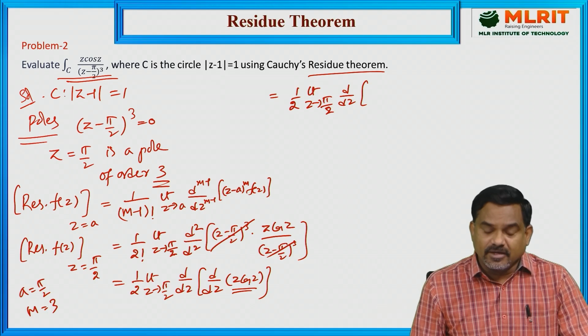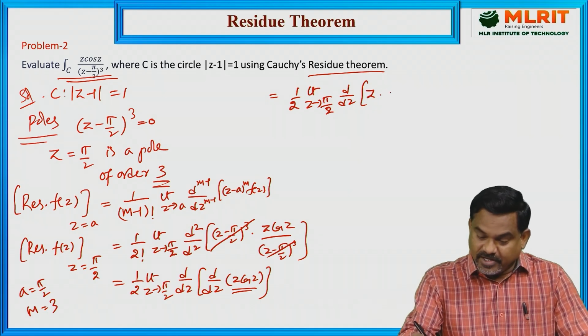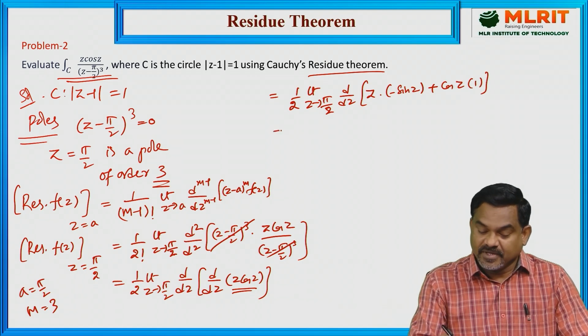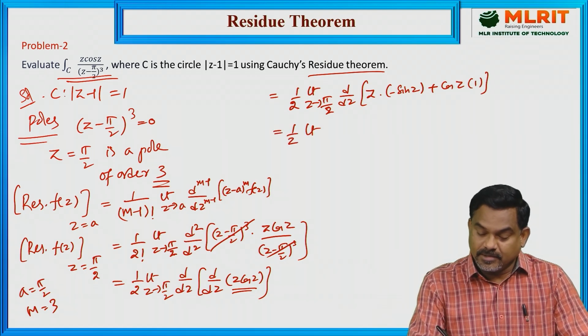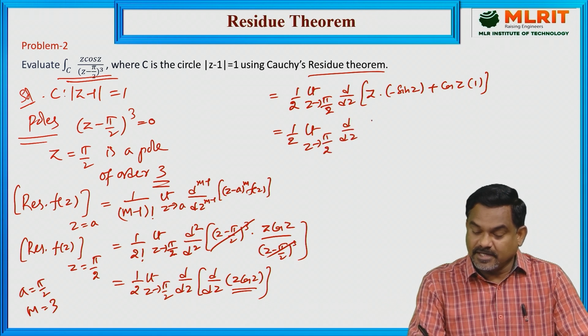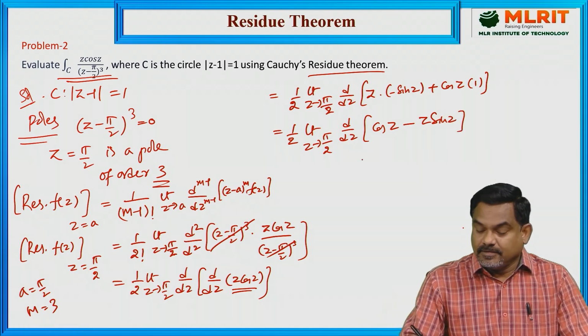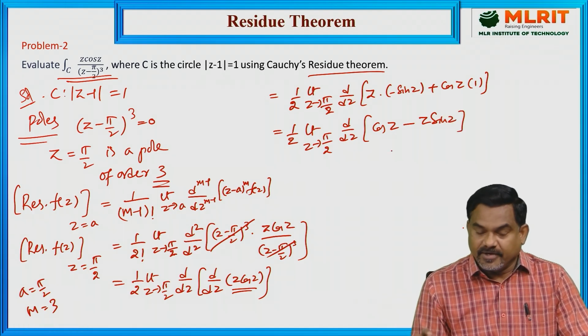So by applying UV rule, z into derivative of cos z, minus sin z, plus cos z into derivative of z is 1. So 1 by 2 limit z tends to pi by 2 d by dz of cos z minus z sin z. This is the first derivative.